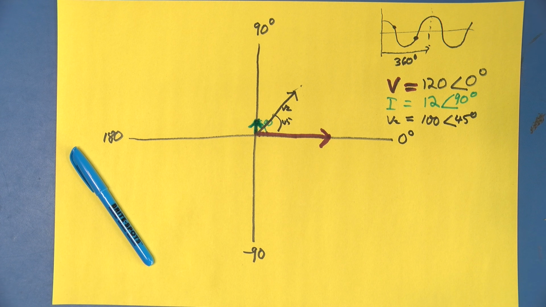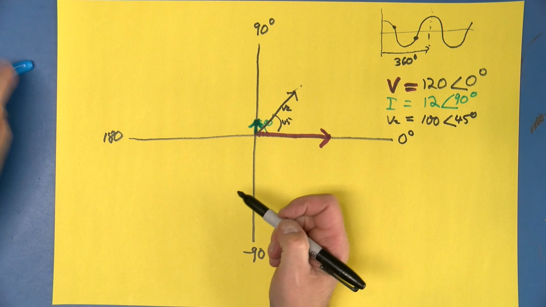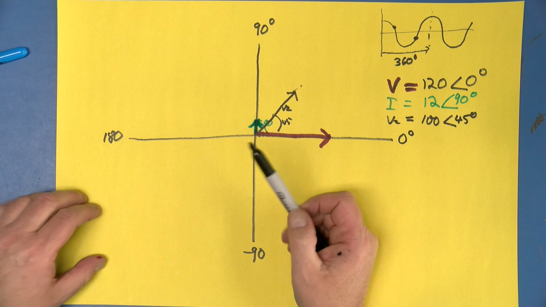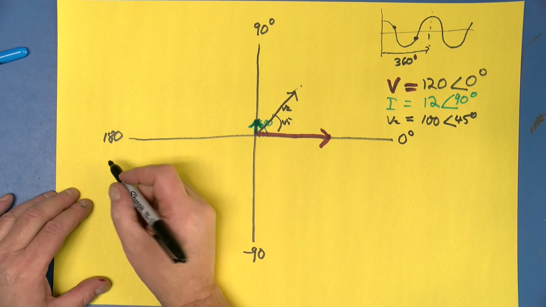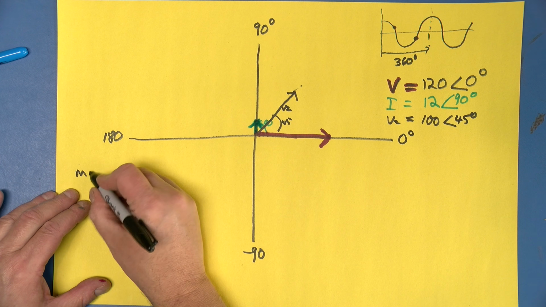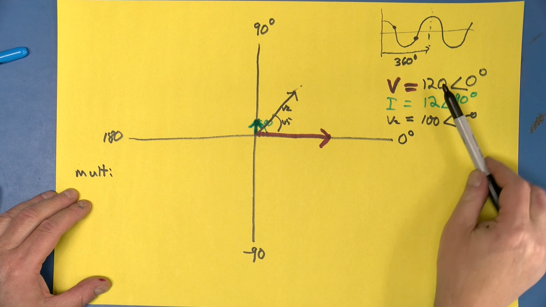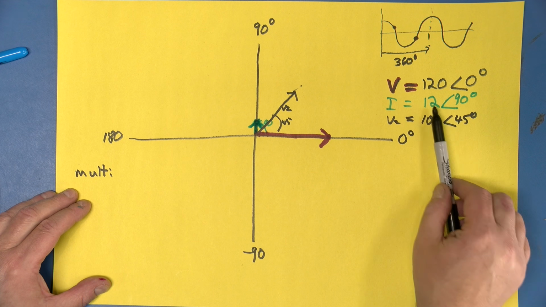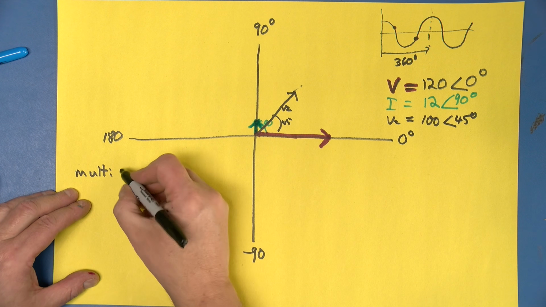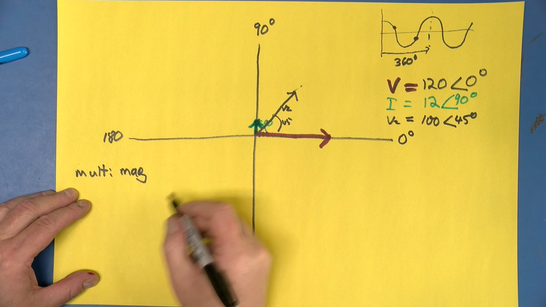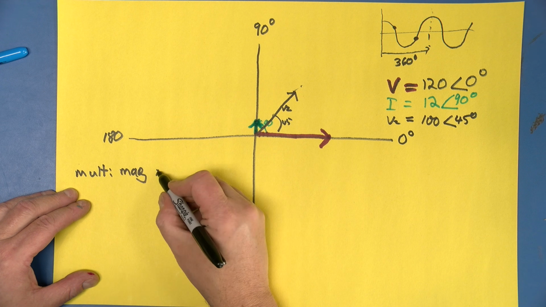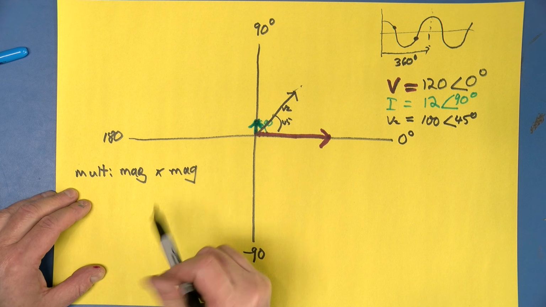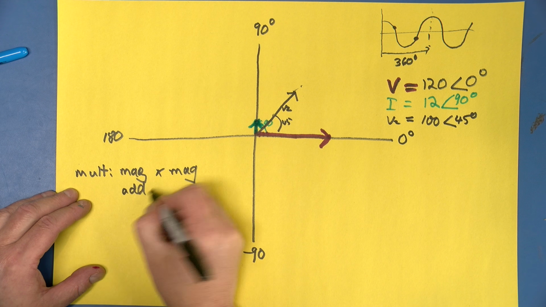Okay, so the first thing is, how do we multiply or divide these things? Well, I told you those rules before, but we should just write them down. To multiply, we take the magnitude, the voltage or the amps or the ohms or whatever it might be, so the magnitude times the magnitude. And what do we do with the angles? We add the angles.